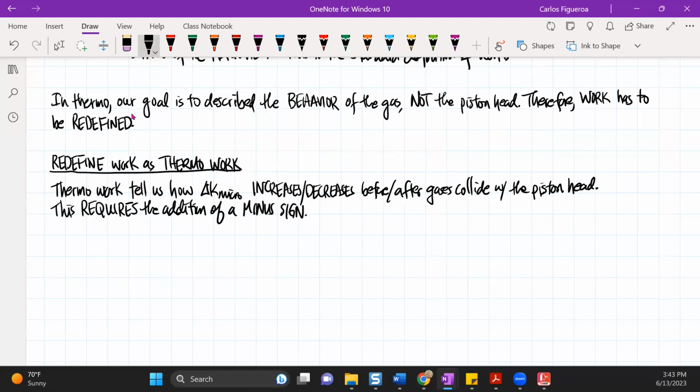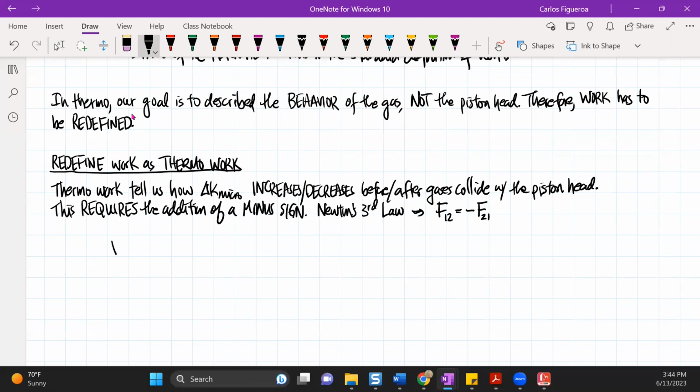The reason why is that if you look at Newton's third law, we know that if one acts on two, then there's going to be an equal and opposite force between 2 and 1. That minus sign is derived from Newton's third law.